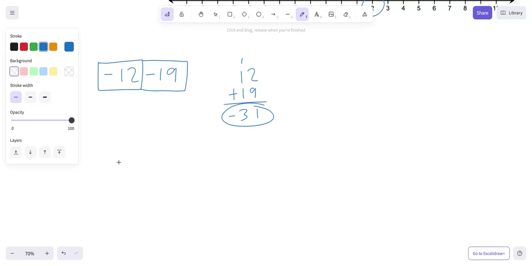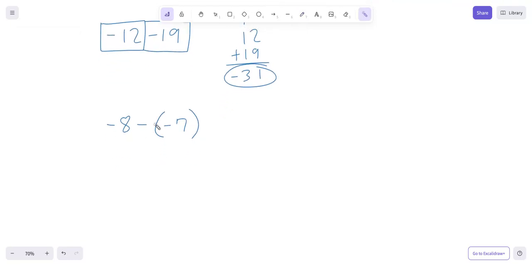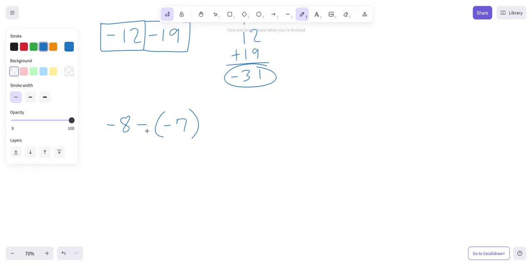Let's do negative 8 minus negative 7. Here we do have a double sign. When there's a double sign, we need to combine them into one symbol, which, since they're both minus, they're the same, so it's plus. So it becomes negative 8 plus 7. My 8's negative, my 7 is positive.